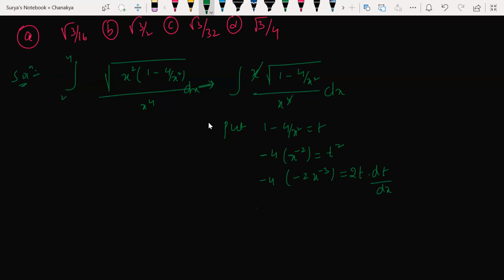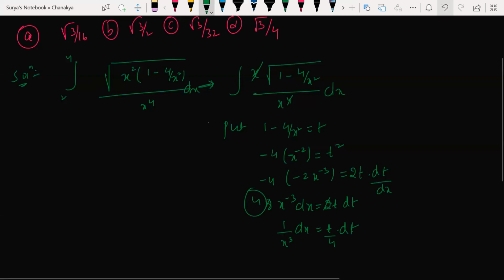Minus into minus is plus. So 8 into x to the power of minus 3 dx is equal to t dt. So 2 ones, 2 fours: 1 by x cube dx is equal to t dt by 4. Correct? This 4 I'm shifting to the right hand side.